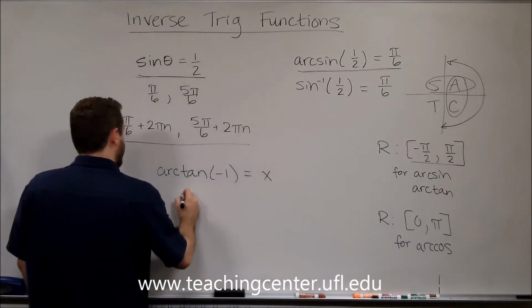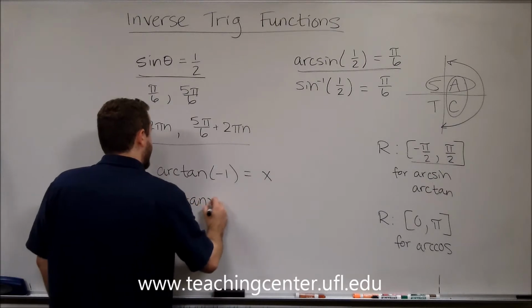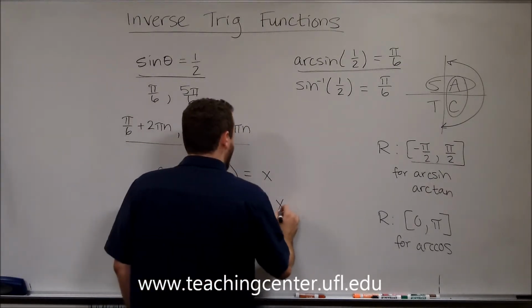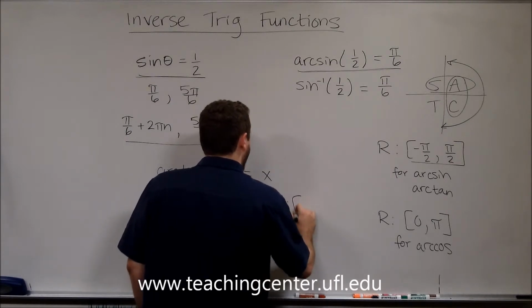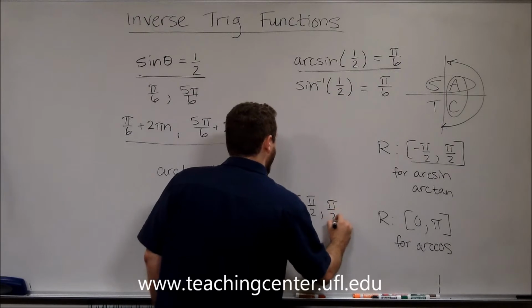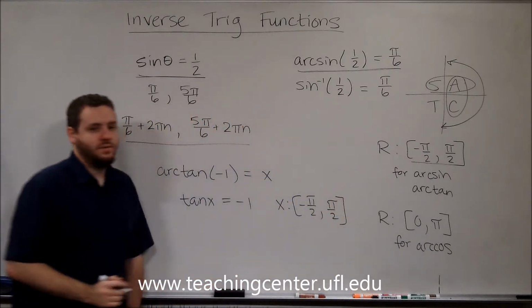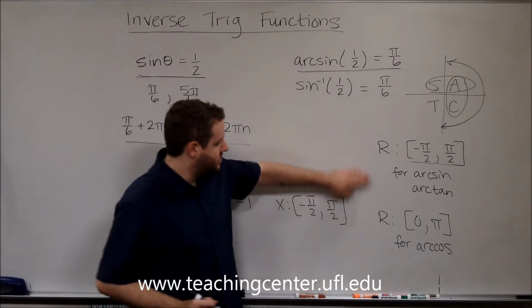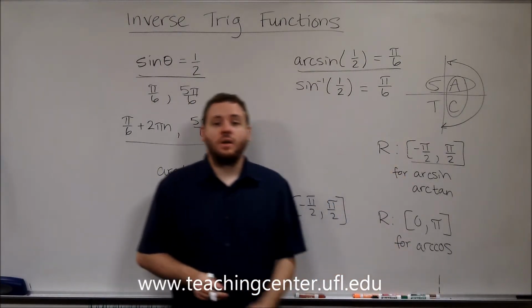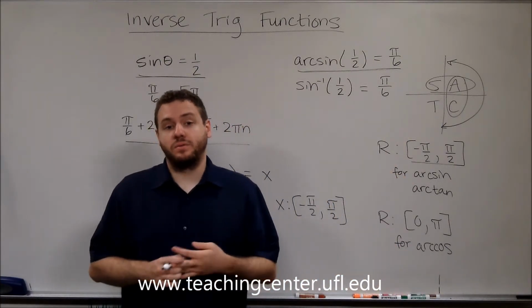This is the same thing as saying tan x equals -1, but only if x is in that range of arctangent. These two things here, the range for arcsine and arctan, and the range for arccosine, are things you're just going to have to commit to memory. Those are very important.